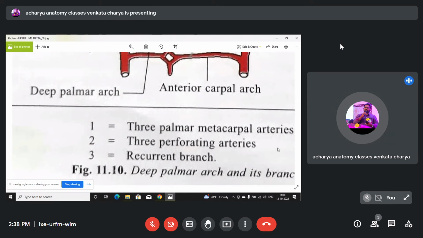And this deep palmar arch gives one recurrent branch.